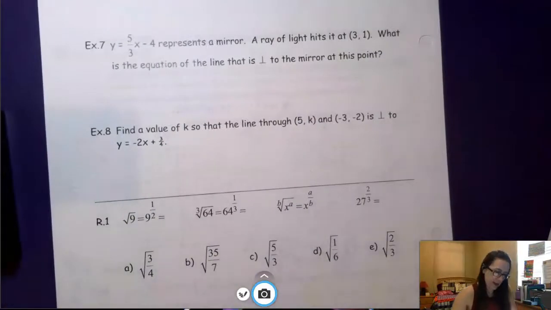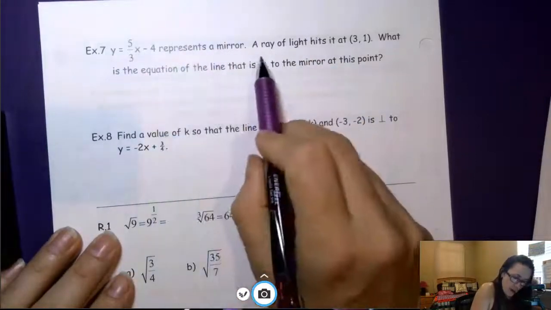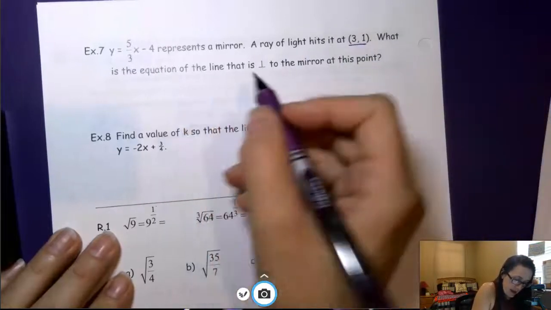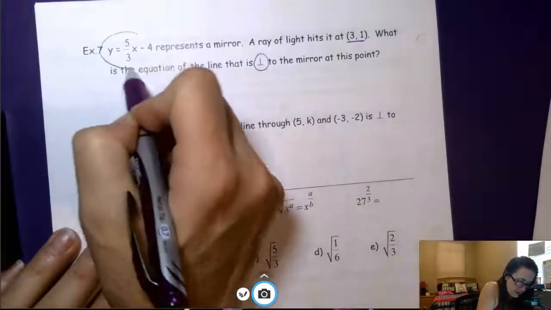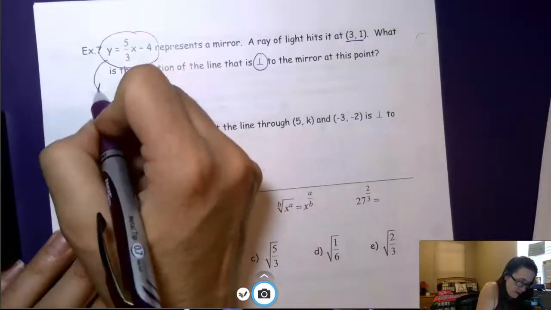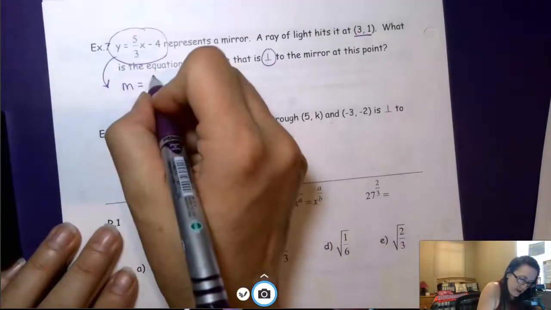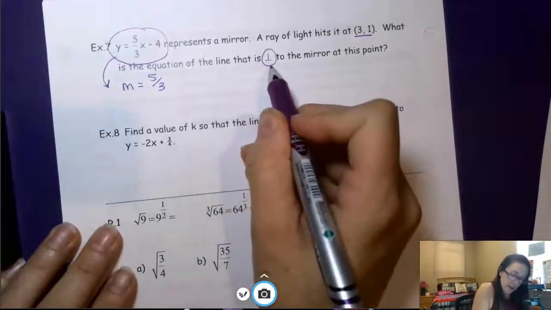Okay, so first thing here, I have this equation here, represents a mirror. A ray of light hits it at this point. What is the equation of a line that is perpendicular to the mirror? Well, here's my equation. First, I'm going to identify the slope. What is the slope of that equation to begin with? And it's 5/3. Now, I want it to be the perpendicular slope.